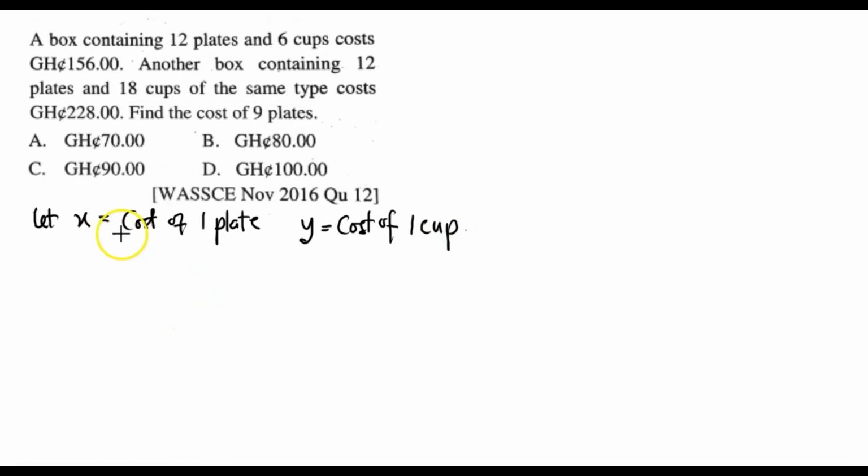So in this case, we can use this information to generate the equation for the total cost in the first box. The total cost in the first box, which was 156, had 12 plates and 6 cups.